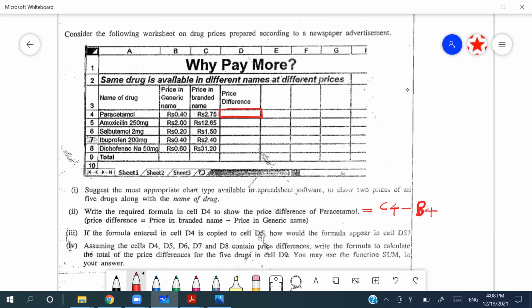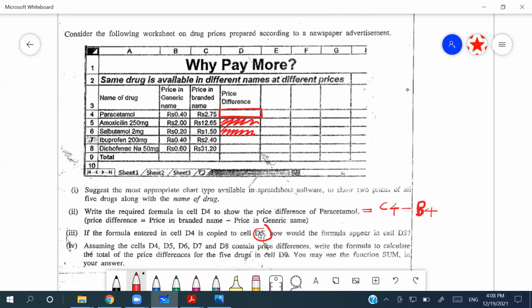And the third one says, if the formula entered in cell D4 is copied to cell D6, that means over here, how would the formula appear in cell D5? Okay, so that means over here. It's easy. It is on the same column, so the letters are not going to change; the row numbers are the ones which are going to change.